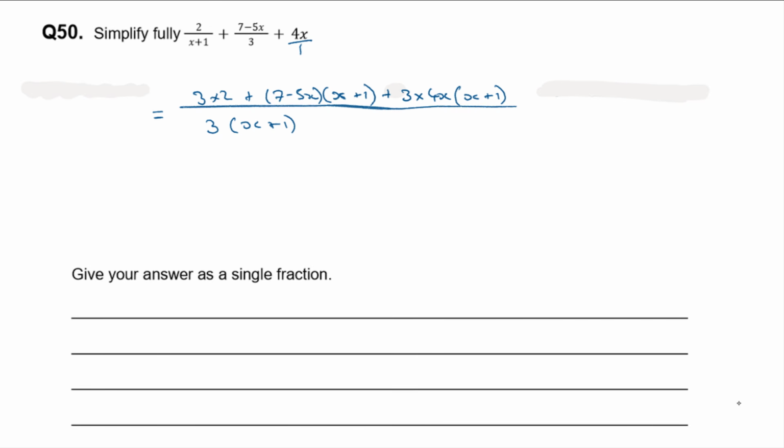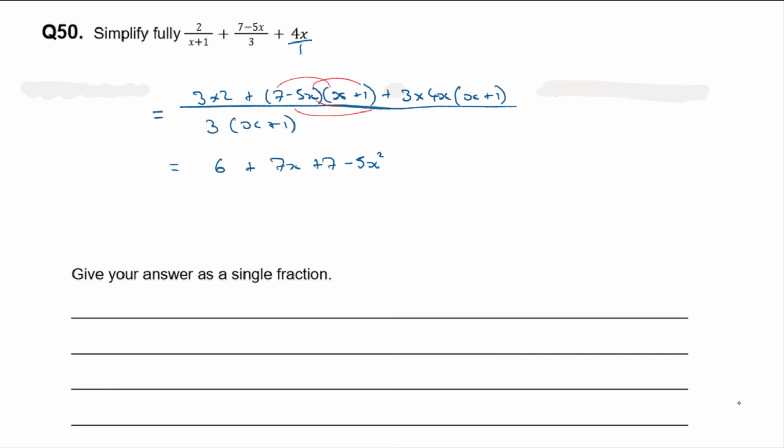Okay, right, so what does that give me? 3 times 2 is 6. I've got some brackets to multiply out, so I'm going to use FOIL on these brackets. So 7 times x is 7x. 7 times 1 is 7. Minus 5x times x is minus 5x squared.